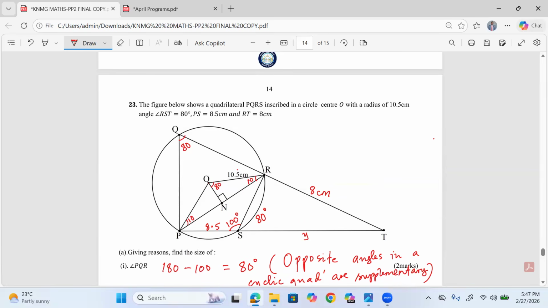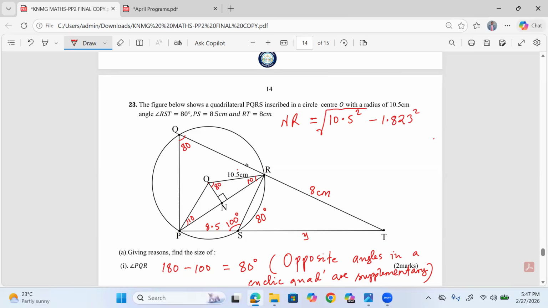So can we talk of NR first? Using Pythagoras theorem, NR equals 10.5 squared minus ON squared, which was 1.823, also squared.